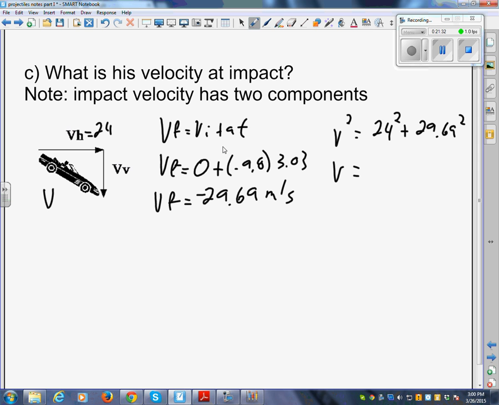Why would it be? VF equals VI plus AT. No. This is just Pythagoras, right? V squared equals VH squared plus VV squared. Yeah. But what happened with the VF? Is it the result? Oh, the VV is, right? This is okay, Hannah. The VF is the vertical component of the velocity at impact. That's what it is.